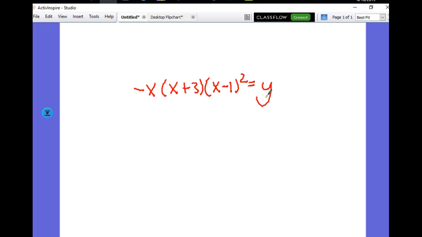Okay, but the short way doesn't really make a whole lot of sense until you really understand the long way. All right, so first of all, we're going to take this x value here and we're going to distribute that inside like that. That's going to give me -x squared minus 3x.